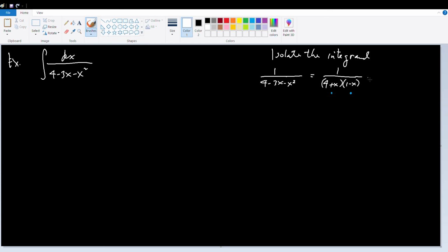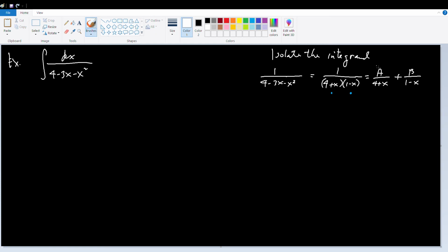So there will be two partial fractions, A over 4 plus x, corresponding to the factor 4 plus x, plus another constant, let us call it B, over the other linear factor 1 minus x. So we have simply broken down the integrand into a sum of two partial fractions.